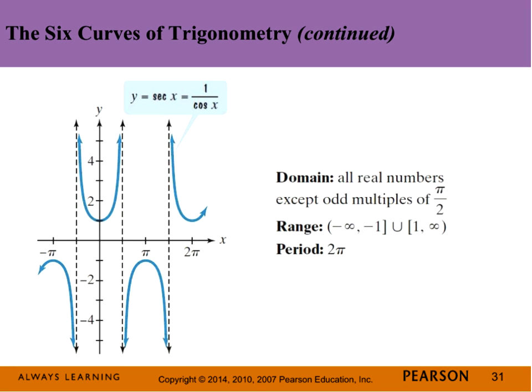And lastly, I have my secant, which is the inverse of cosine, which comes through like this.